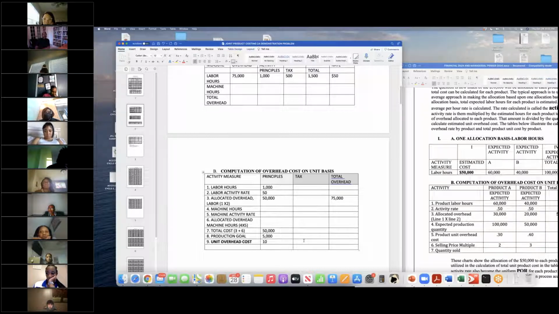Do we have a unit overhead cost for this tax book yet? Yes. So how much is it? 25. That's what I got. Same. So everybody got 25? The hours we just bring down, 500.